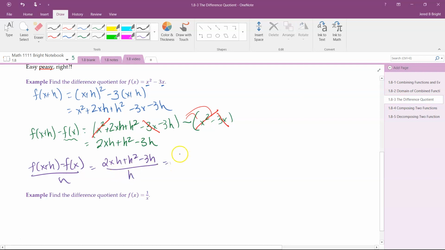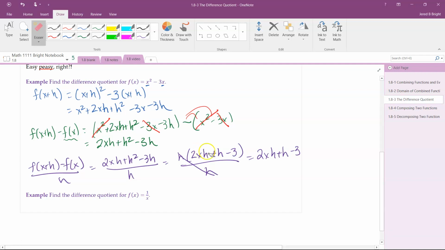Sometimes it's most useful to say you can cancel an h from each term because we have 3 terms in the numerator, each of which needs to be divided by h. Another thing that people sometimes do is factor out an h. There is an h in common with everything in the numerator, and that makes cancellation a little bit easier, and so I'm left with 2x plus h minus 3. There we go, and that would be all we have to do here.